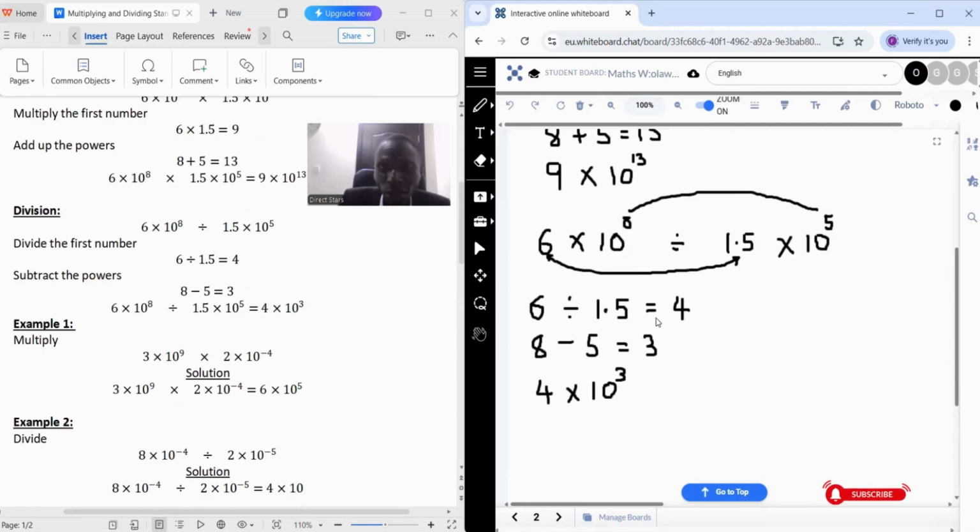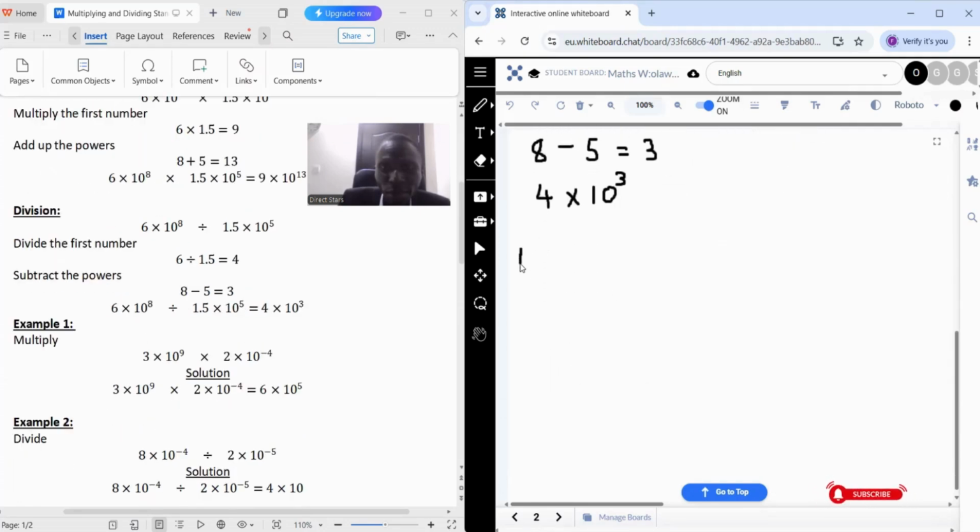In our first example, we're asked to multiply 3 multiplied by 10 raised to the power of 9 times 2 multiplied by 10 raised to the power of minus 4.